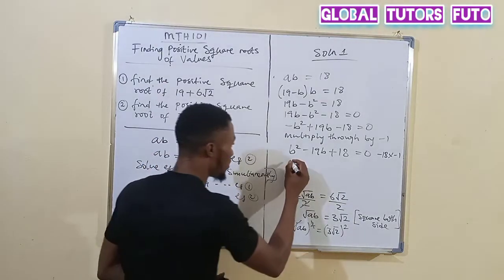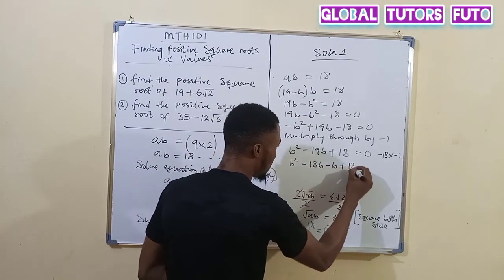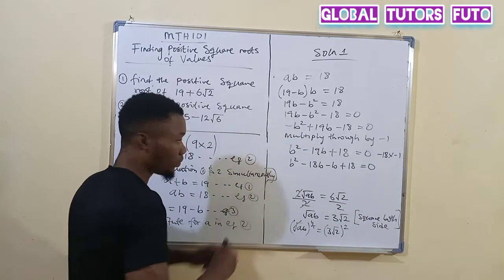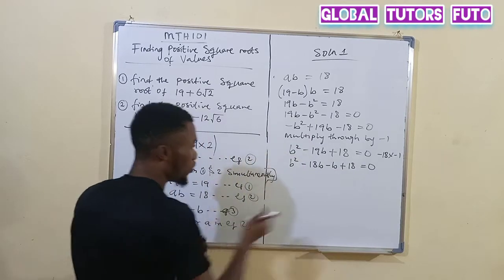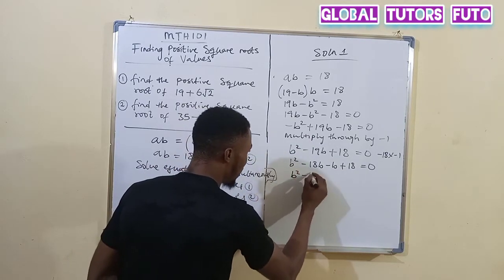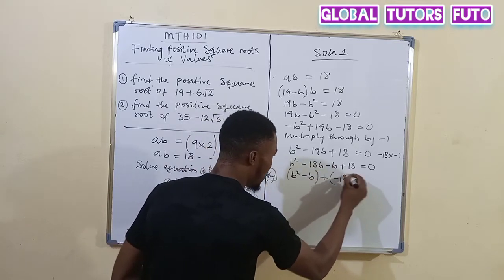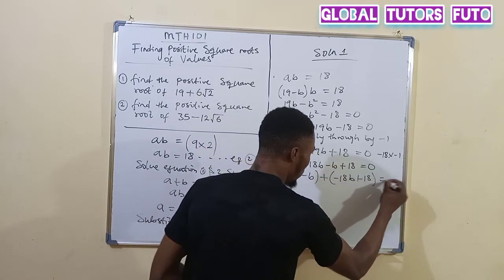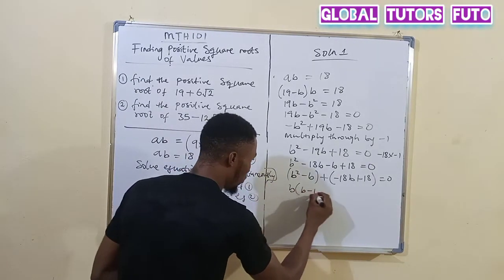So this is like b squared minus 18b minus b plus 18 is equal to 0. At this point, I can group what I have. So I have b squared minus b, so I group this to this, plus minus 18b plus 18 equal to 0. I can factor out b here, so I have b minus 1.